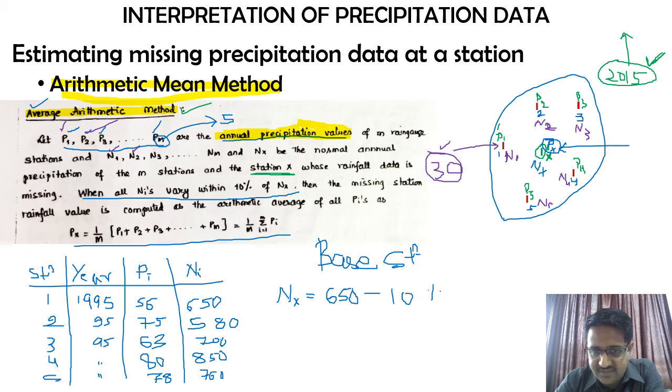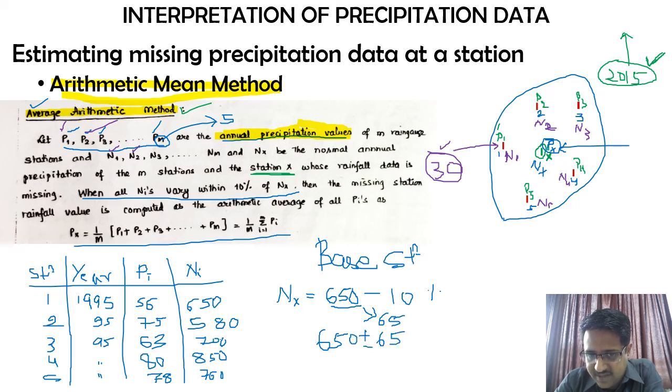So what is the variation of this 10% of nx? We'll get a range with this. 10% of 650 is what? It is 65, right? So the total value is going to be 650 plus or minus 65.